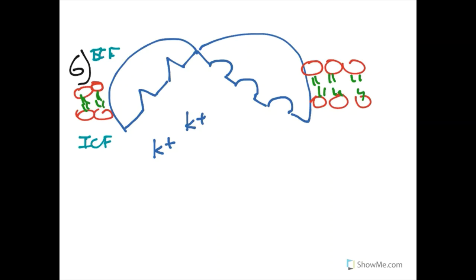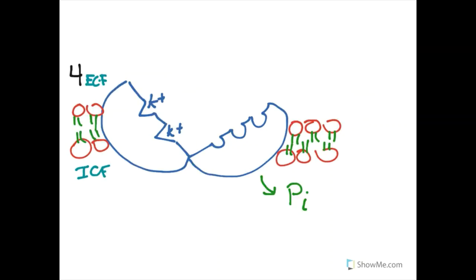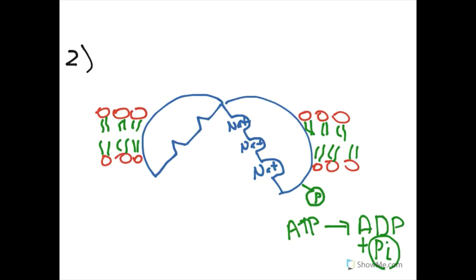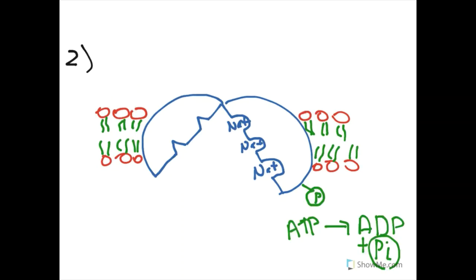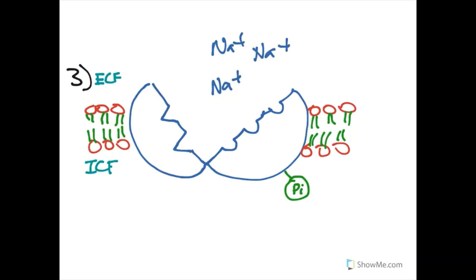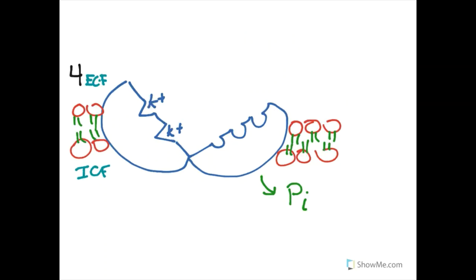Now, eventually, after all this happens, the affinity for sodium will go back up, and we will go all the way back to step 1, where it will pick up sodium. That sodium will then lead to the hydrolysis of ATP, phosphorylating it, changing its shape, and releasing sodium into the ECF.